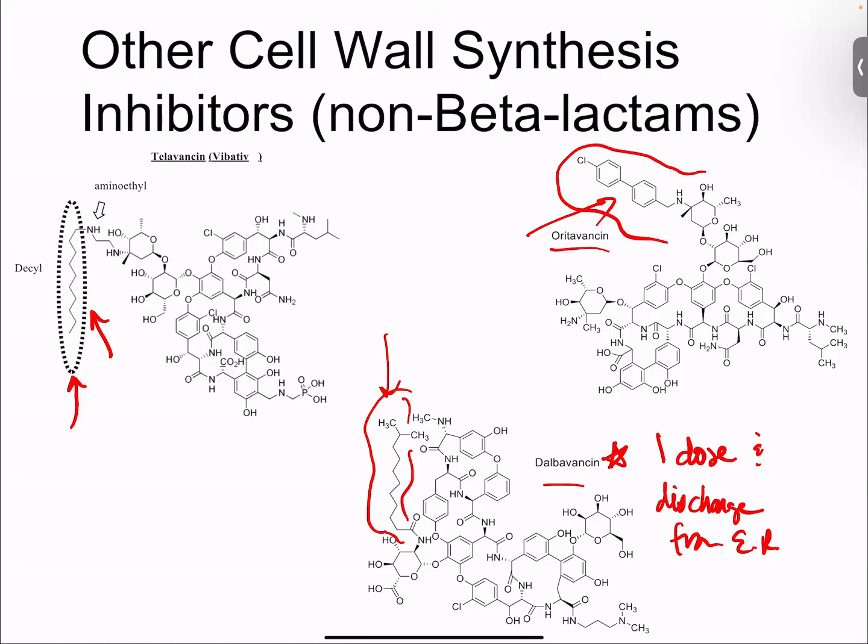So that's the utility. Telavancin had some more serious side effects associated with it, so I don't think it's clinically widely used at this time. But some other institutions, I know, use oritavancin instead of telavancin.